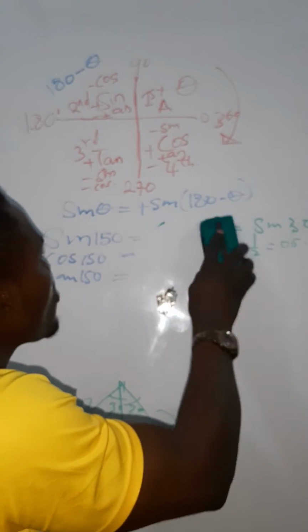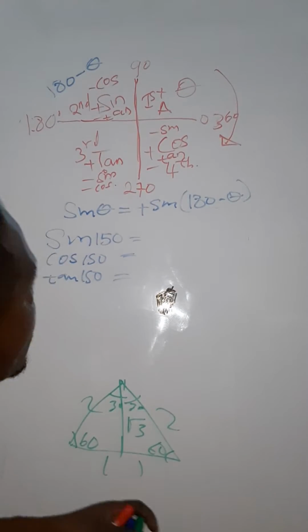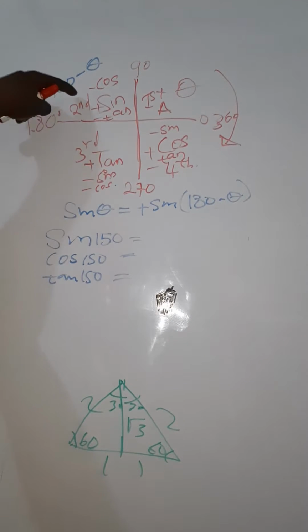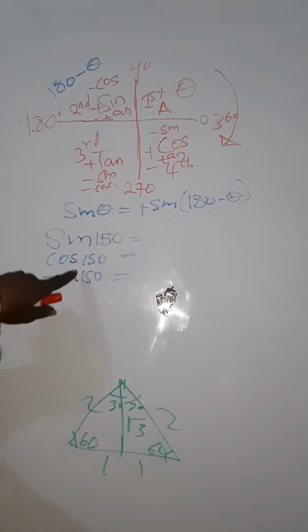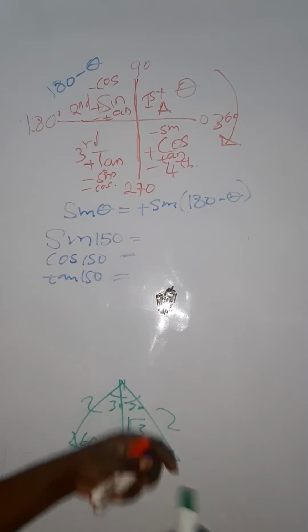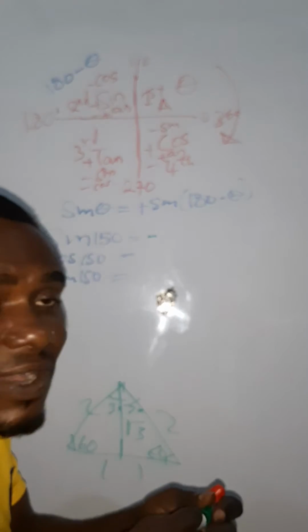Now if you come to cos, since I already know the formula, I will apply it. But since in the second quadrant cos, sine and tangent are negative, I will still apply the same formula, but I will put a negative outside.